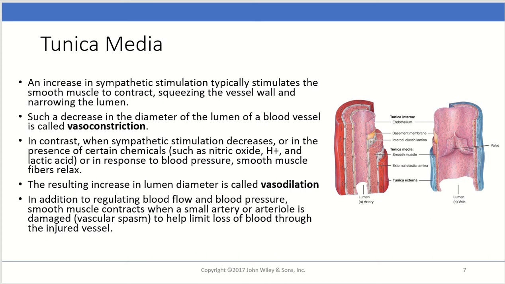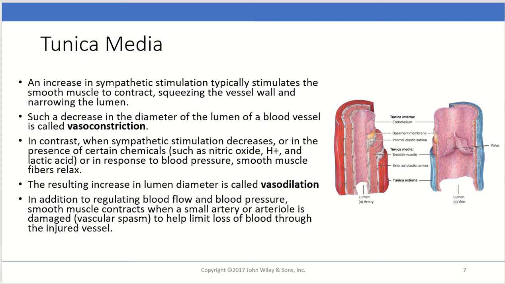In contrast, when our sympathetic stimulation decreases, or in the presence of various chemicals, things like nitric oxide or hydrogen ions or lactic acid, or sometimes in response to blood pressure, this is going to cause smooth muscle fibers to relax. And this resulting increase in lumen diameter is called vasodilation.